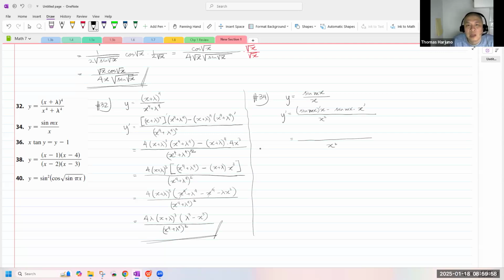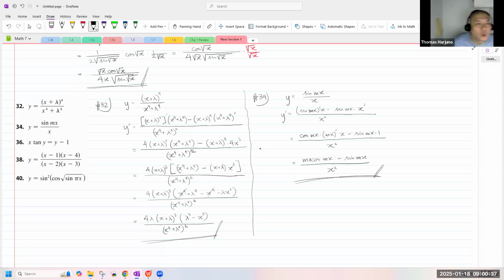The derivative of sine mx is cosine mx times the derivative of mx. I write it down, the derivative of mx, times x minus sine mx times 1. Okay, so this will be m cosine mx, actually times x, let me put that x here, minus sine mx over x squared. Oh, this question is a lot easier.